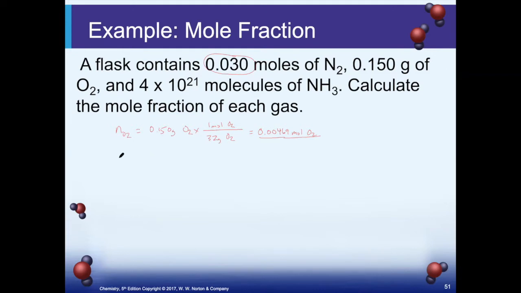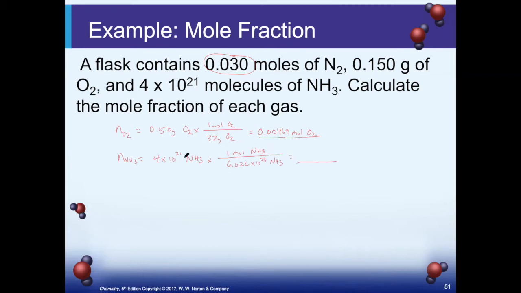And then I have the 0.030 moles of N2. And now I need to calculate the moles of NH3. So the moles of NH3 is going to be based on a number of molecules. So 4 times 10 to the 21 NH3 molecules times, and I'm going to use Avogadro's number to convert that into moles. Avogadro's number says that 1 mole of ammonia is 6.022 times 10 to the 23rd ammonia molecules.